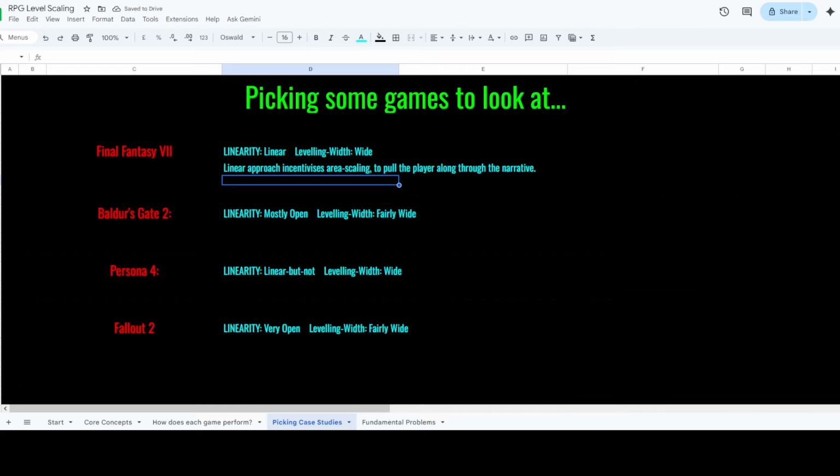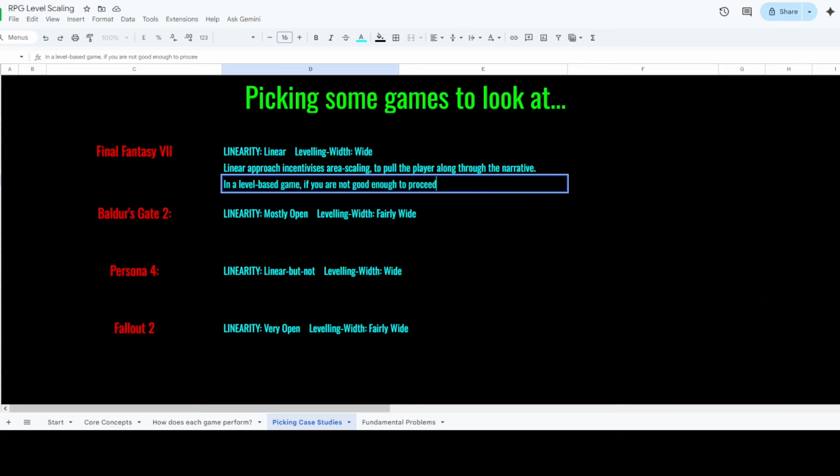You're looking at story-based games, and you're looking at what is basically the core simple RPG system: that in a level-based game, if you are not good enough to proceed through strategy or tactics, you should always be able to grind.